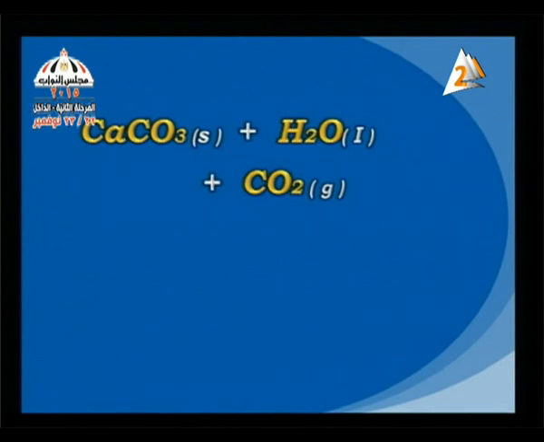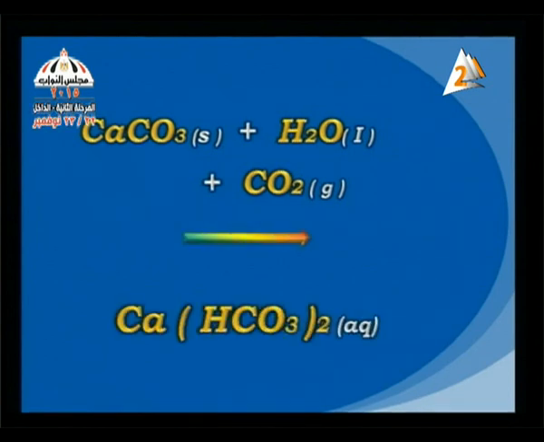So here we have carbon dioxide dissolved in water. What are the products here? The product, it's a surprise, I think you know it. It's calcium bicarbonate, Ca(HCO3)2. Why? Because carbon dioxide dissolved in water reacts with the carbonate here.